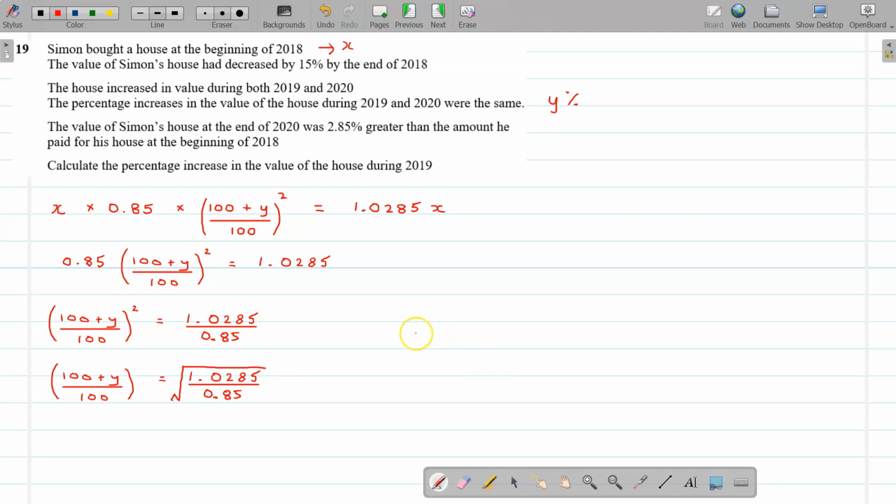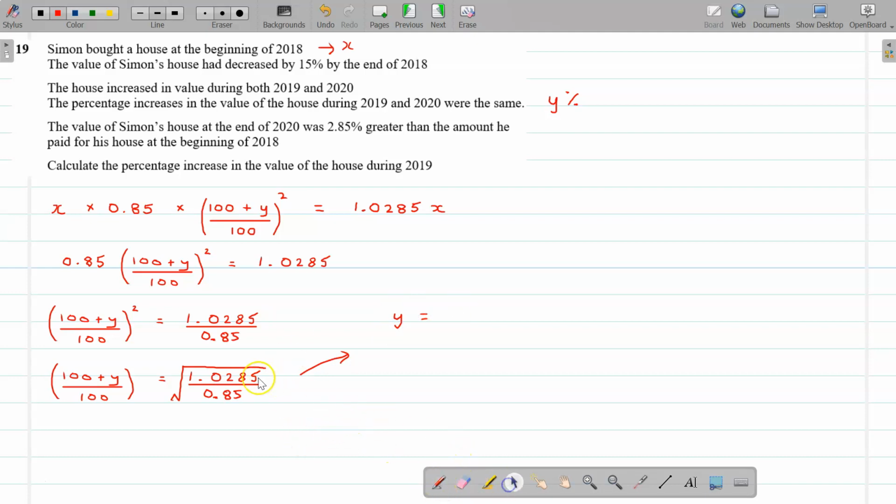Okay, and then I need to multiply both sides by 100 and subtract 100. So I can say therefore that from here that y equals this thing here.